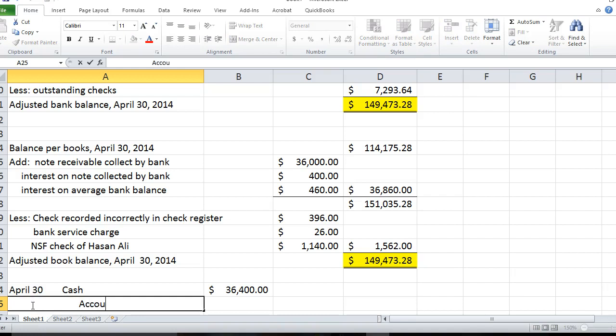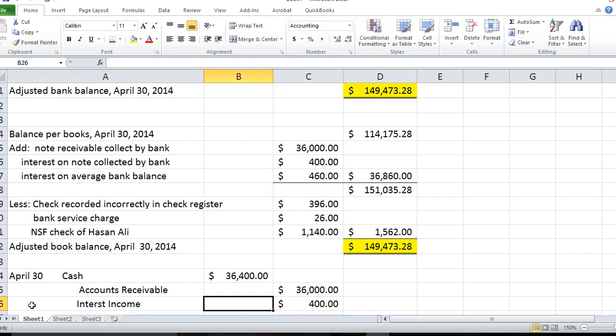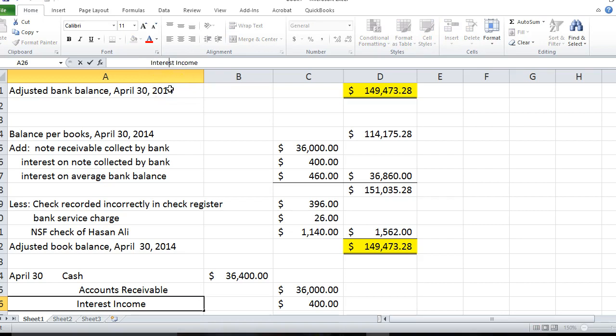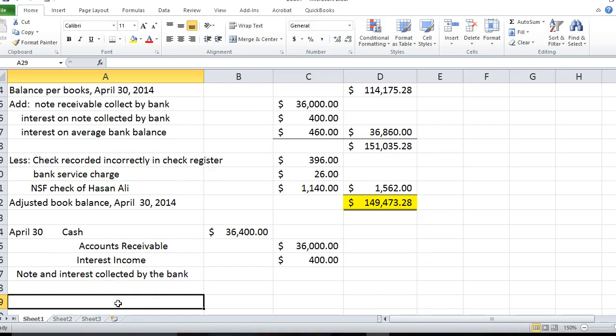We're going to show the note receivable was collected and interest income of $400, and we'll just show note and interest collected by the bank.